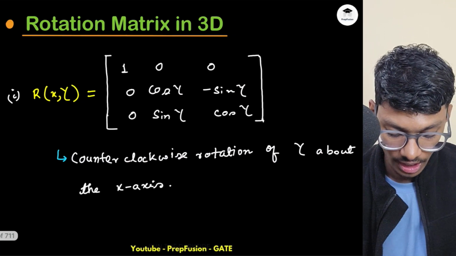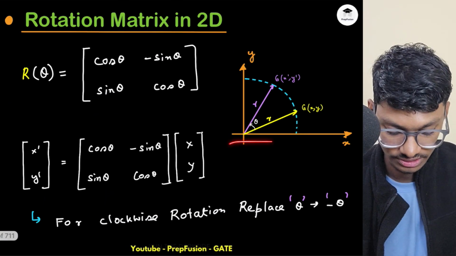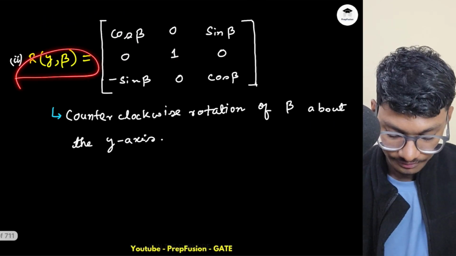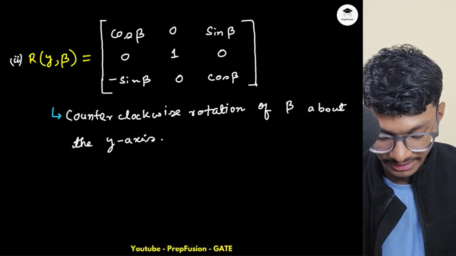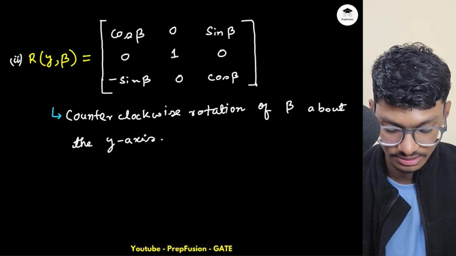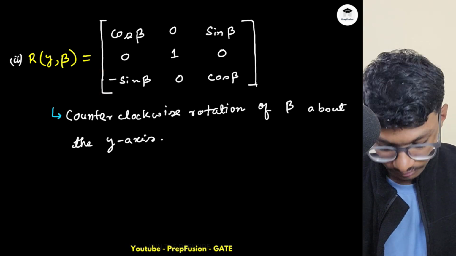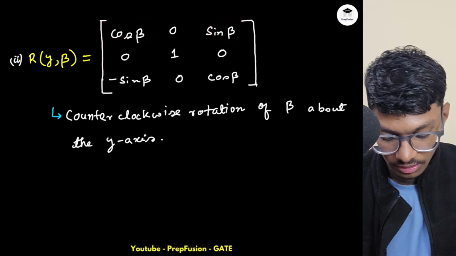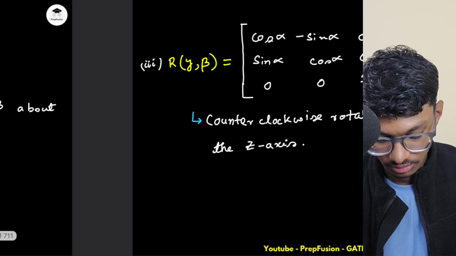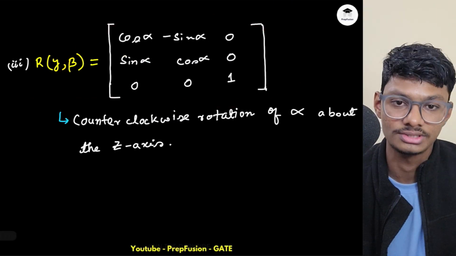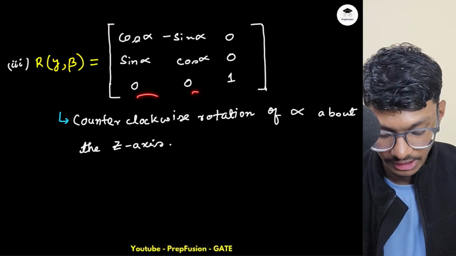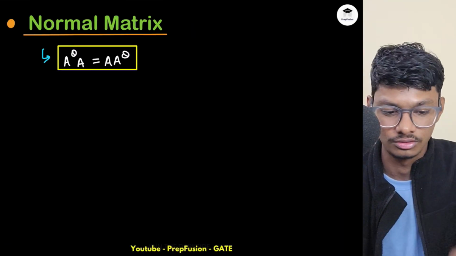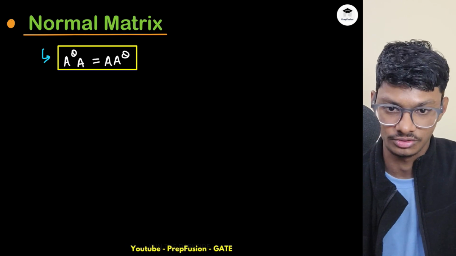What about this one? This is rotating along the y-axis, where x and z are fixed. And this matrix rotates along the z-axis, where x and y are fixed. You can remember a few of these matrices. These are standard rotational matrices.